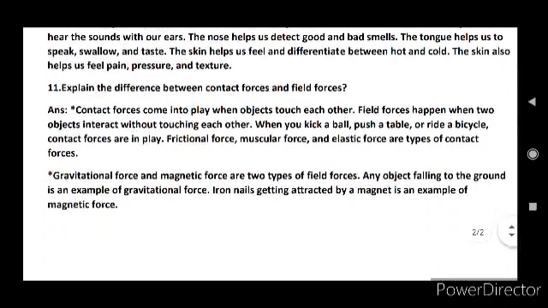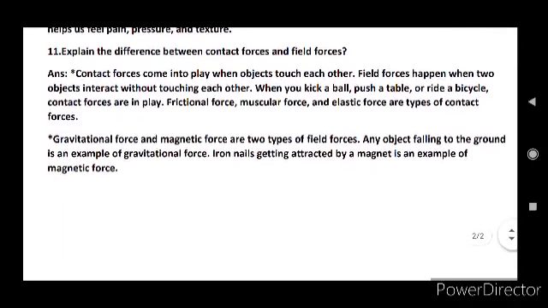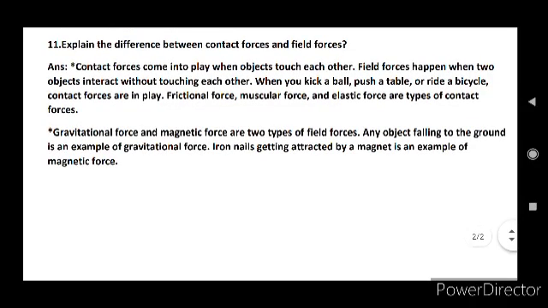Next, the 11th question: explain the difference between contact forces and field forces. Contact forces come into play when two objects touch each other. Field forces happen when two objects interact without touching each other. When you kick a ball, push a table, or ride a bicycle, contact forces are in play.